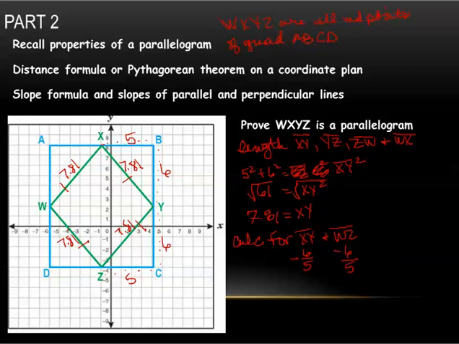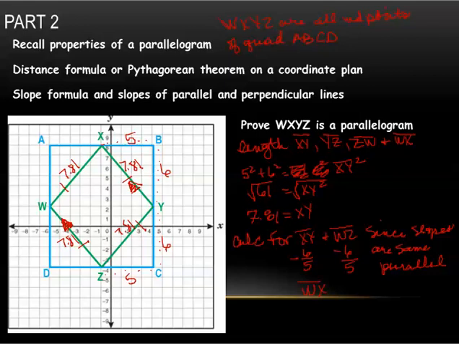So since my slopes are the same, then those opposite sides are parallel. So I can come in here and put my little arrows that indicate parallel lines. Now I need to do that same thing for WX and ZY.